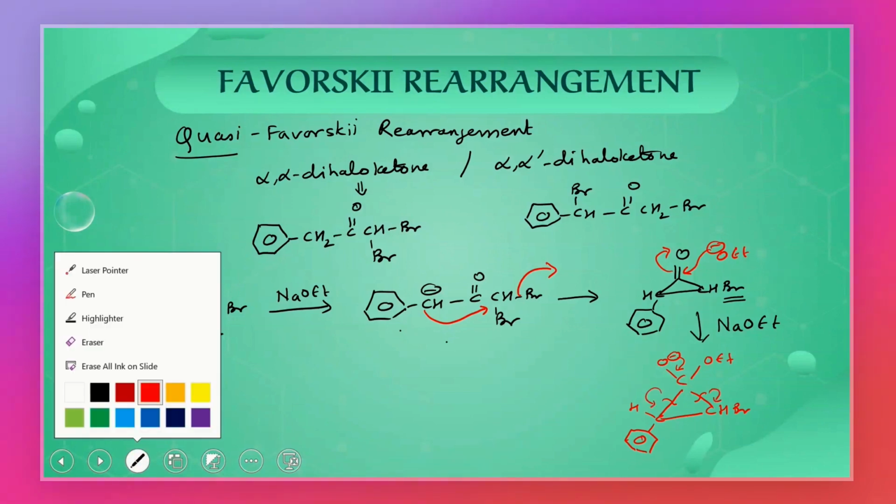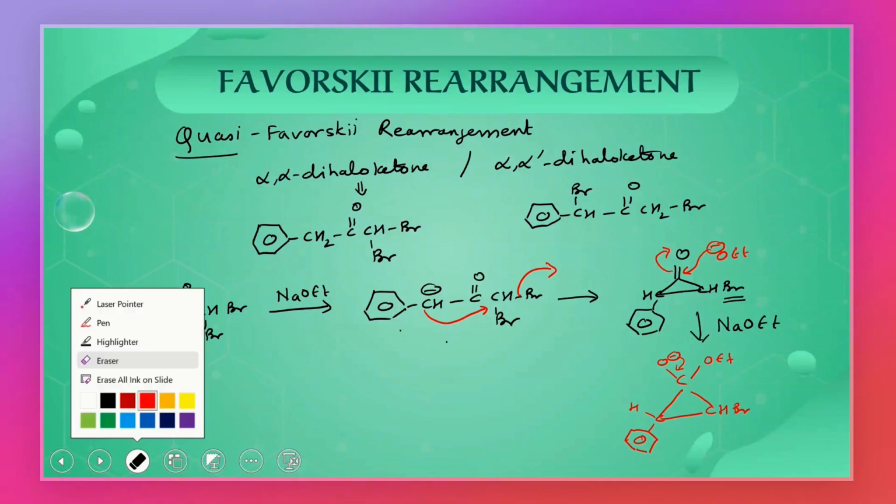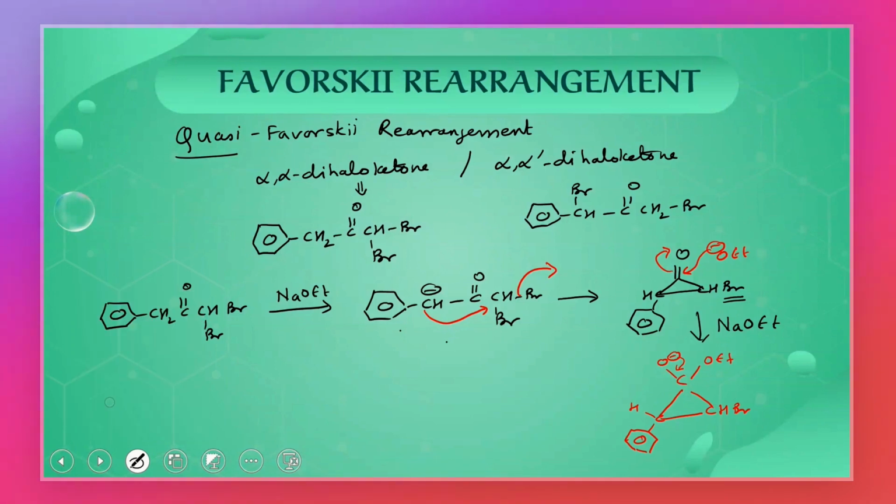But now the scenario is slightly different here. So what exactly happens is, when this O minus reverts, the C-C bond shifts in such a way to eliminate the Br. So as a result, you have formation of a double bond.